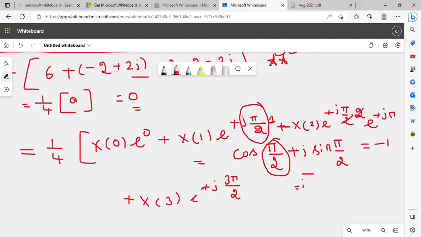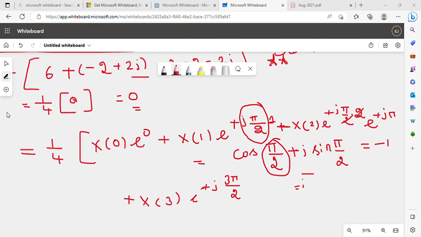So now if I substitute 3 pi by 2 here instead of pi, let me just take it. So I'll just bring it down. Just a minute, I have to bring it over here. This one is 3 pi by 2. Here 3 is 3, and here it is my 3 pi by 2, right?